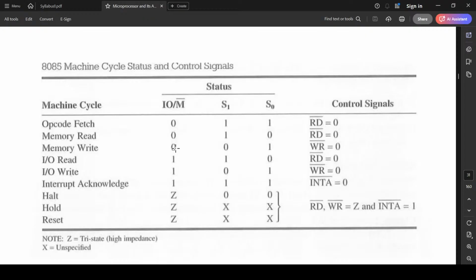Interrupt is 1, 1, 1, and I wrote 1, 0, so this is also wrong. Z0X. No, it's Z00. Four lines are wrong till here. ZXX, ZXX. Yeah, these two are correct. Read, write, and INT. I forgot INT. Okay. Got everything in my mind now.